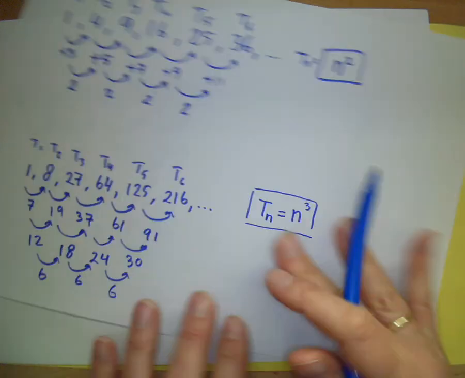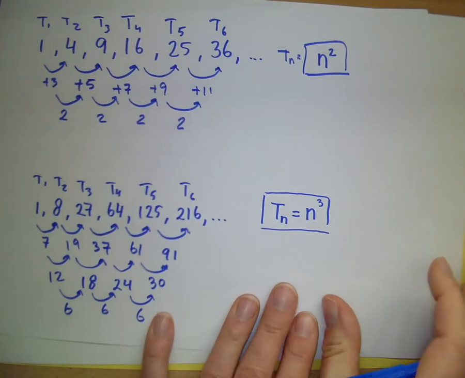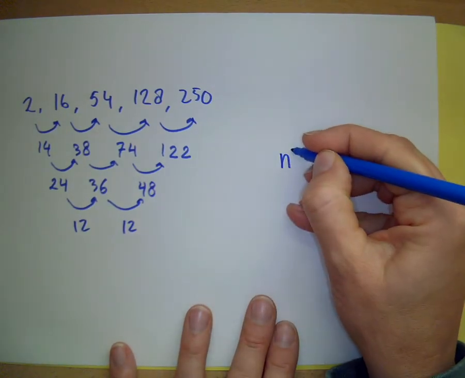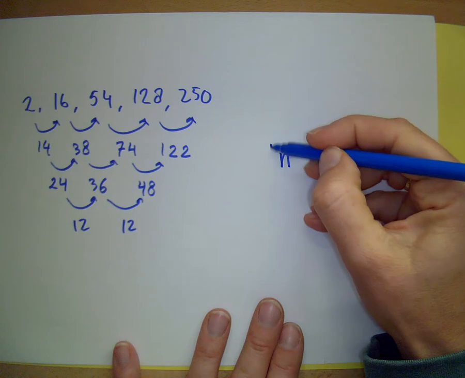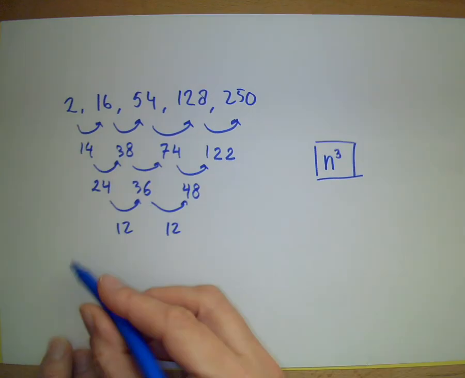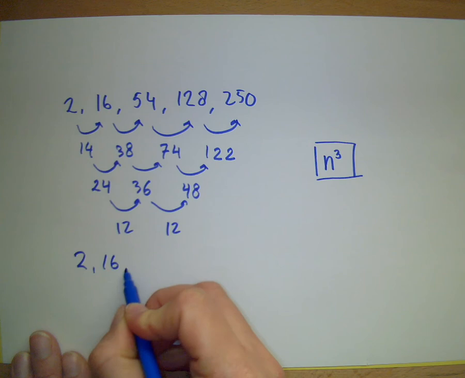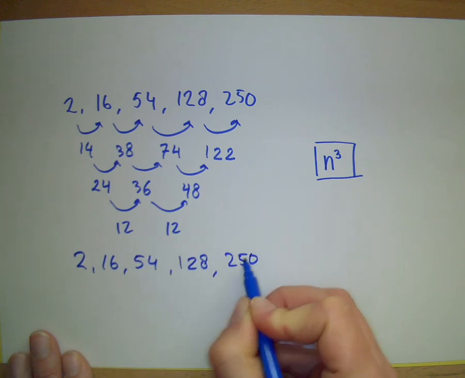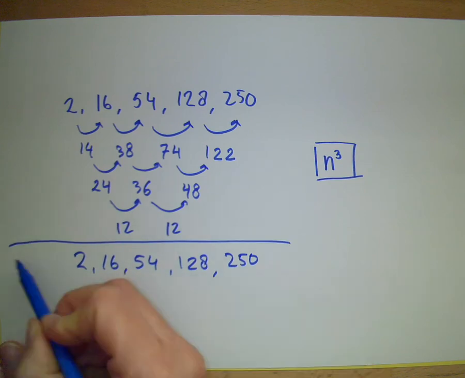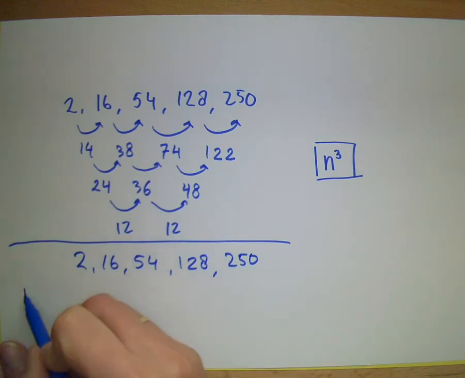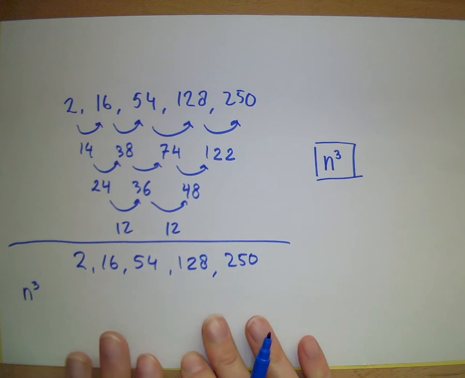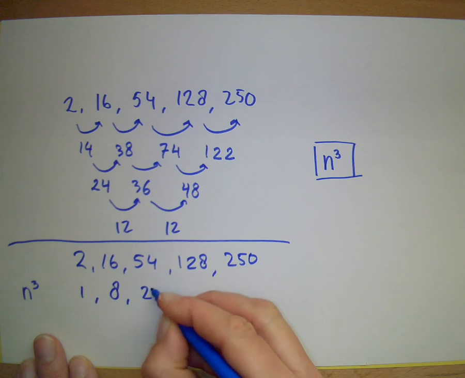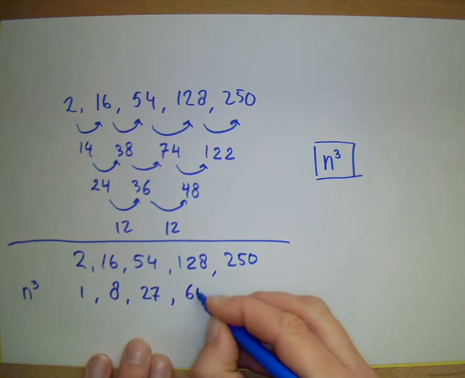So we're going to go with our n cubed, right? We're going to say, okay, it's going to include n cubed somehow, but we're not sure what else. Let's rewrite our sequence: 2, 16, 54, 128, 250, right? Our sequence. And then we're going to write the sequence n cubed. Off the top of my head, it's this.